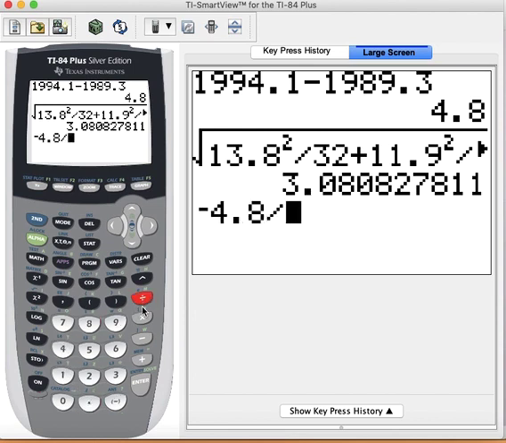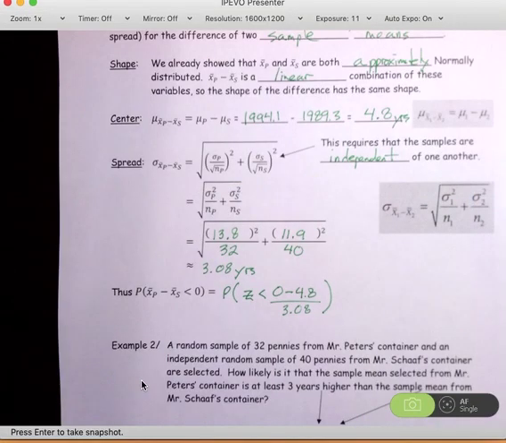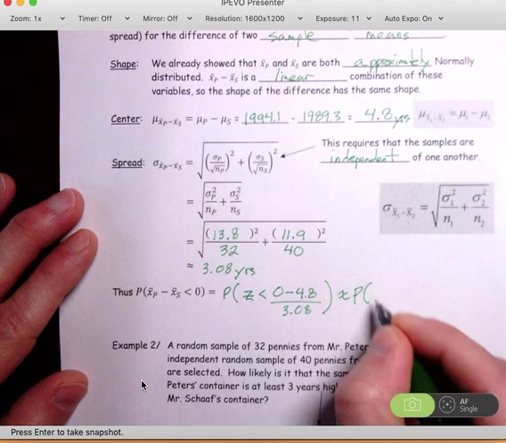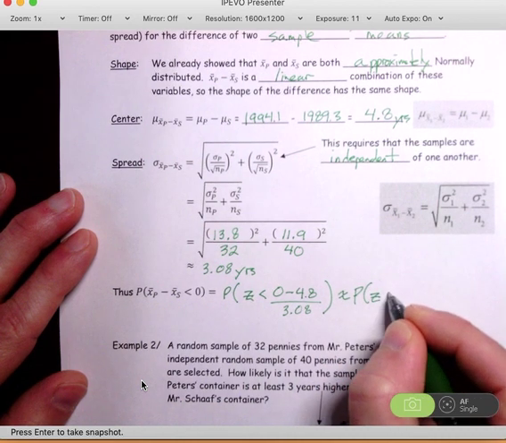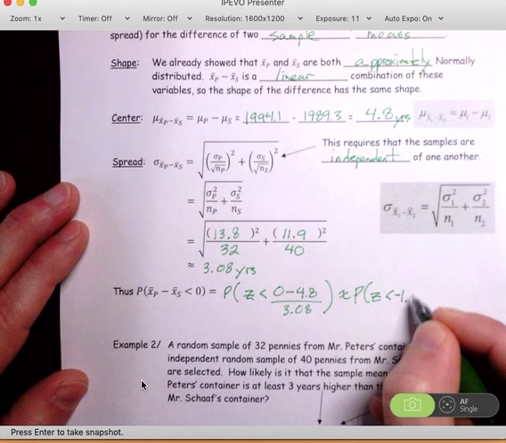And we'll divide by the 3.08. So that gives us a z-score. I'll call it negative 1.56. So I'm going to say approximately because I rounded that. So this is the probability of a z-score that's less than negative 1.56.